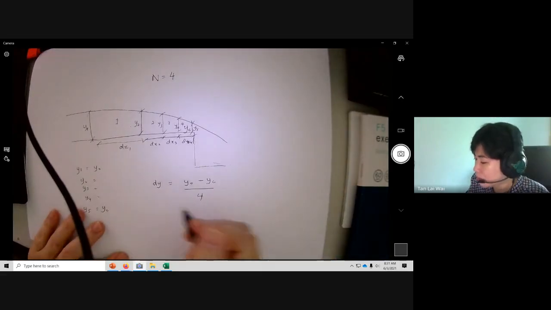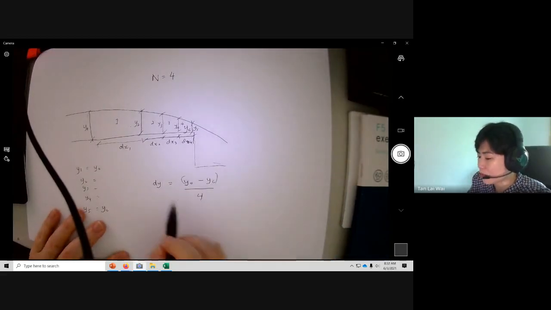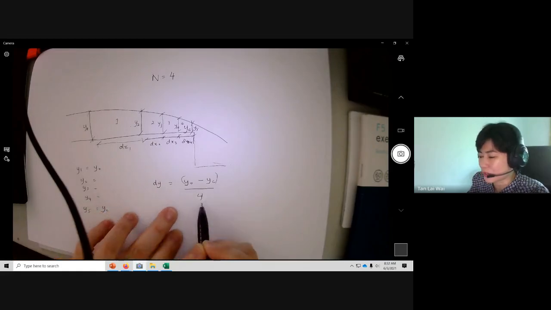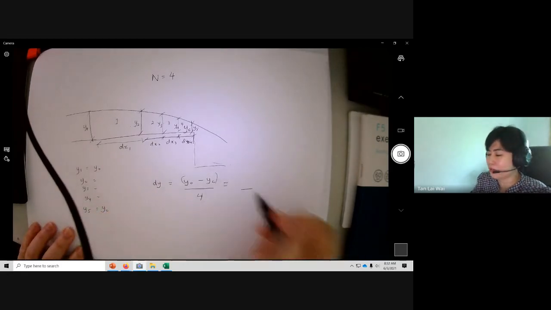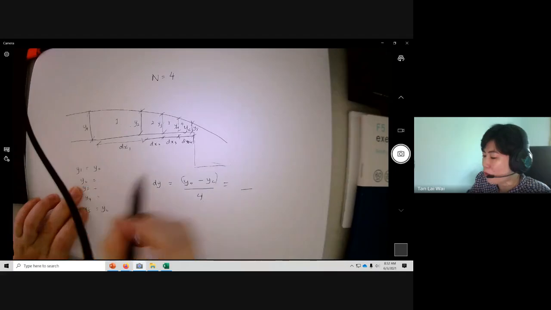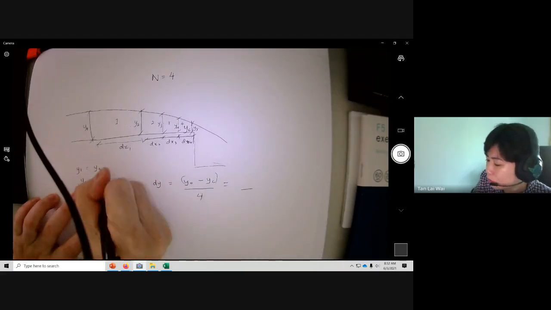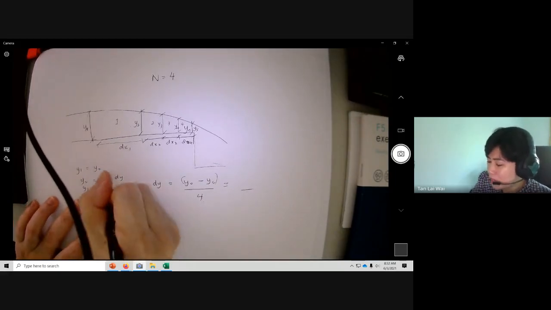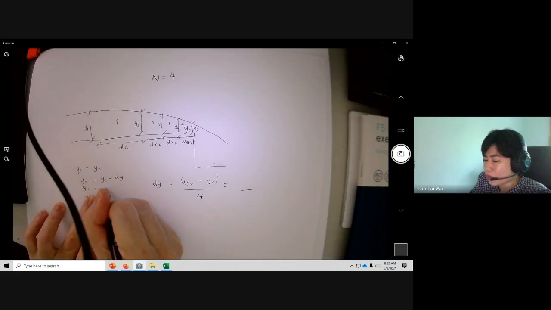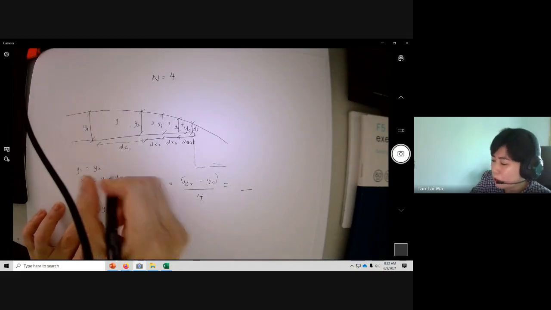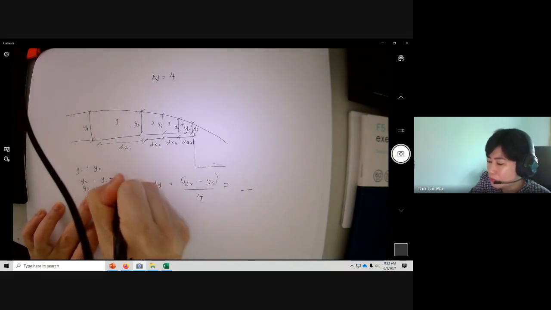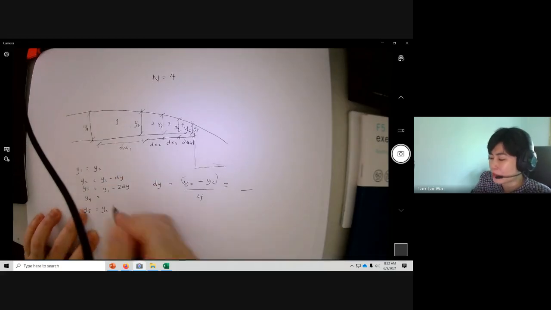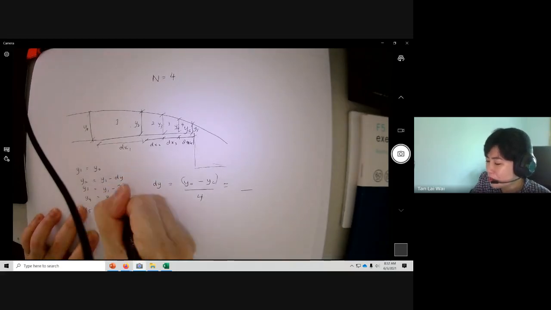So in this case, we are going to have dy equal to a certain value. Therefore, y2 would be y1 minus dy. y3 should be y2 minus dy as well, or y1 minus 2 dy. y4 is y1 minus 3 dy.